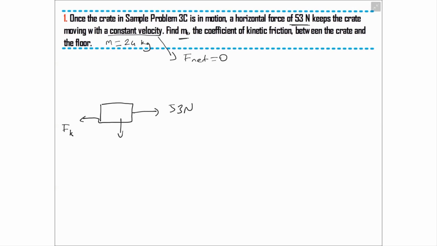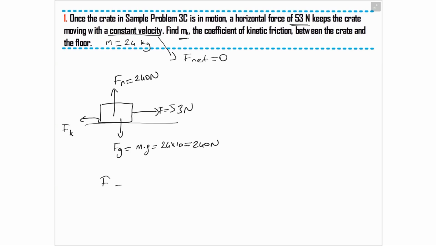Downward we have Fg equal to m times g, that is 24 times 10, which is 240 Newton, and upward will be Fn, the normal force, also 240 Newton in this question. And if the question says constant velocity, so this is moving on the plane, so the external force must be equal to the friction force. So that means F net is 0.